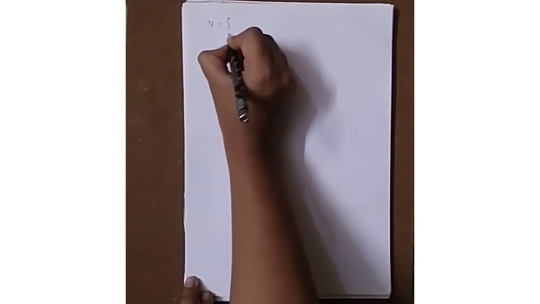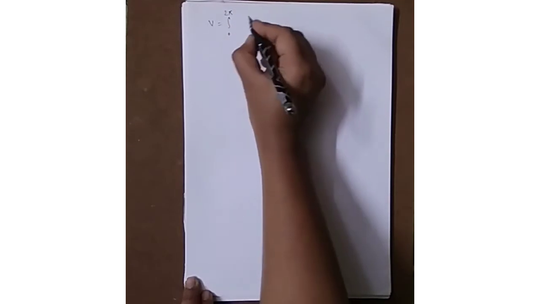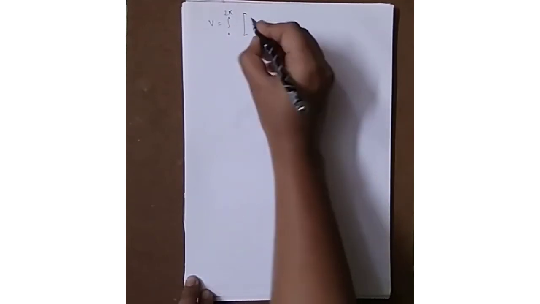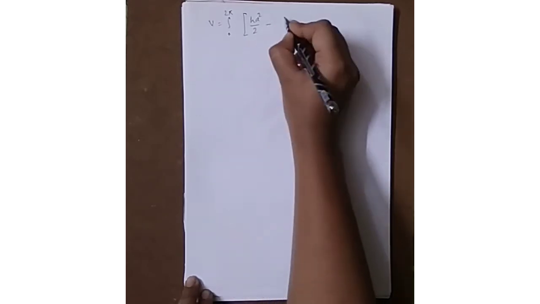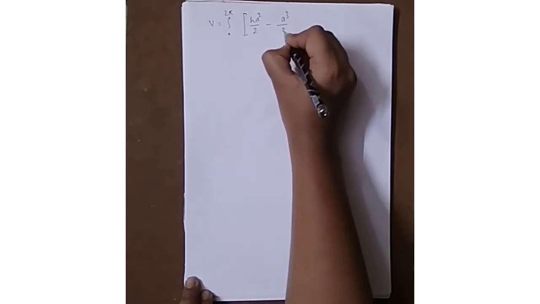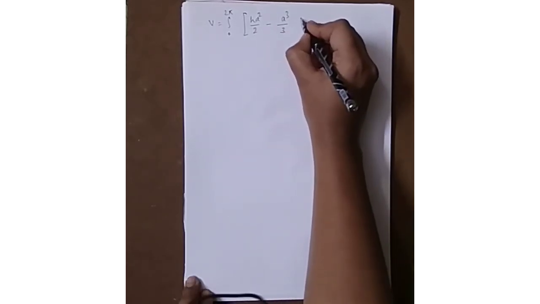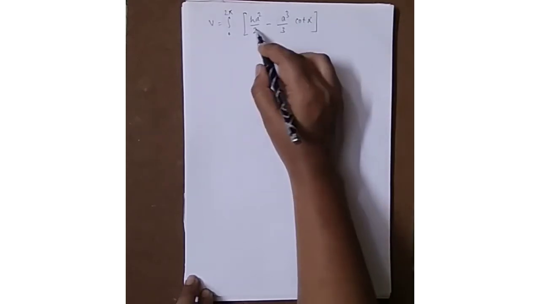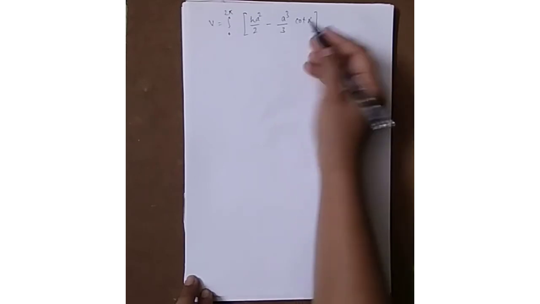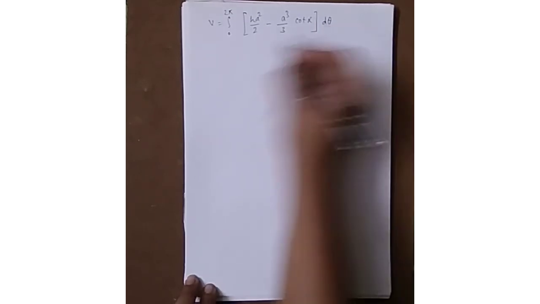So finally the volume V is equal to 0 to 2 pi. Now put r is equal to a, it becomes h a square by 2 minus a cube by 3 into cot alpha, and when you are putting 0, these two terms become 0, into d theta.